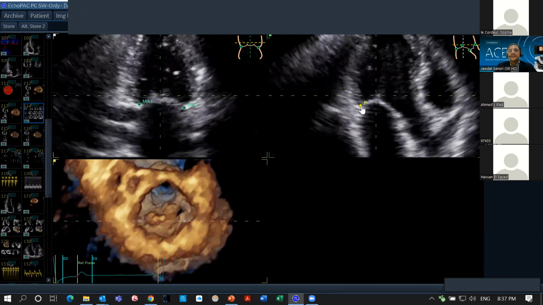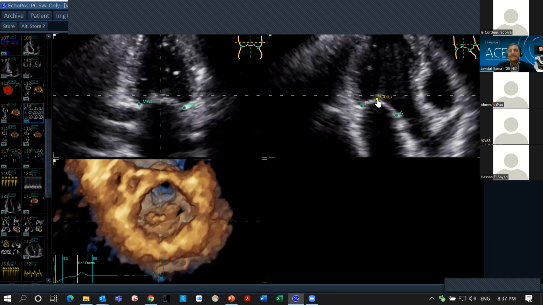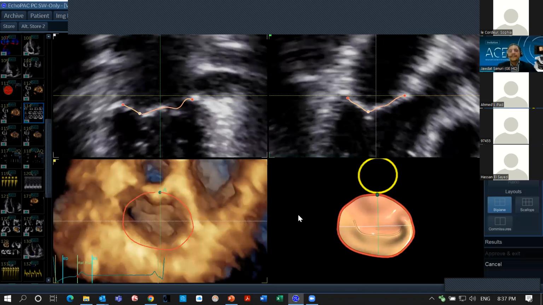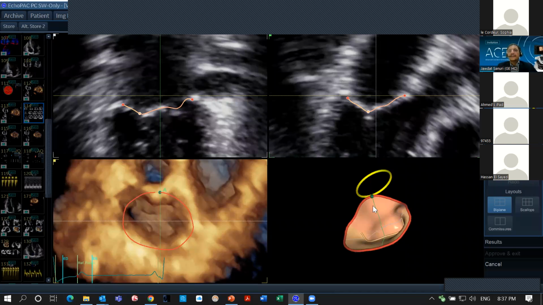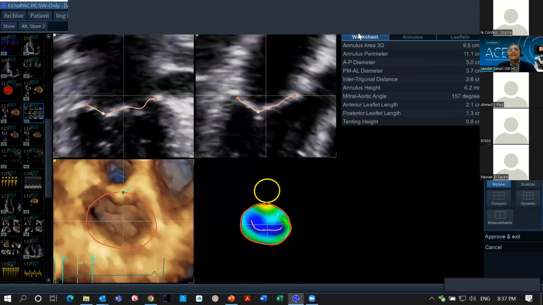So here's the posterior insertion point, here's the anterior, here's the coaptation, and here's the aortic valve. Okay, so here's the mitral valve and the results. Annulus area in 3D is 9.5 square centimeters.